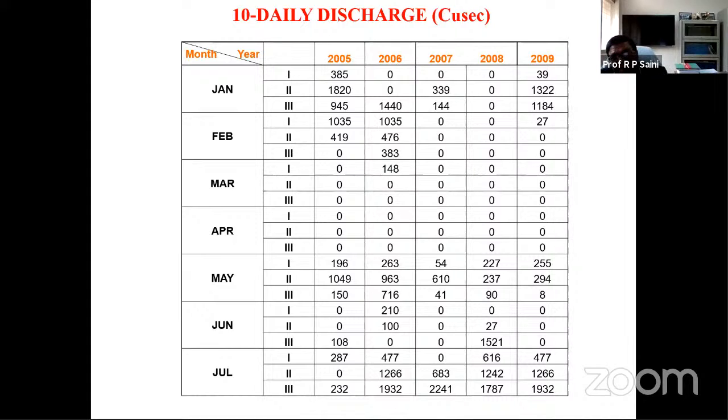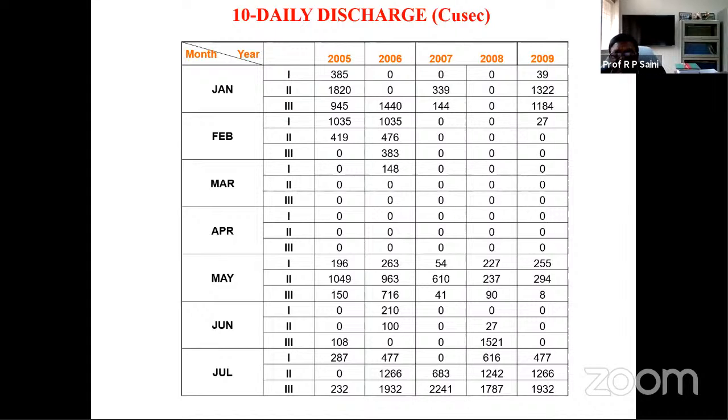In the month of February, 3. In the month of March, like this. So instead of 365 values, you will have 36 values, give or take one day here and there. The daily discharge is 365 in a year, and the 10 days average is 36 only. So you have to deal with the 36 values only.